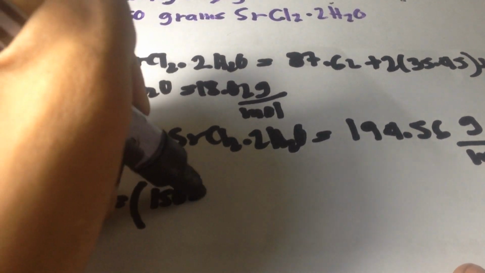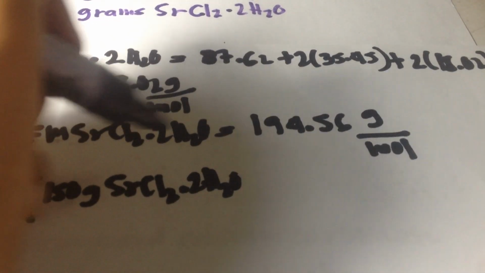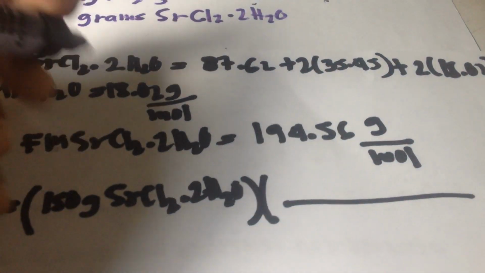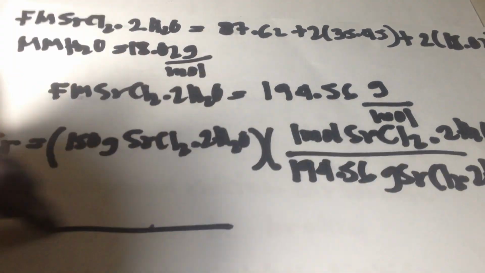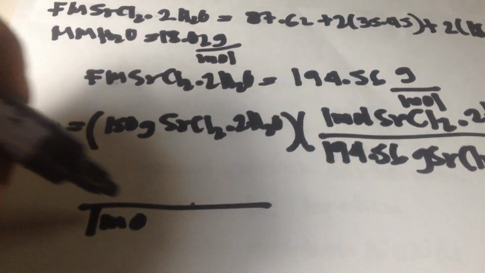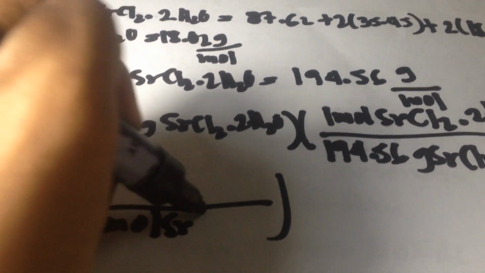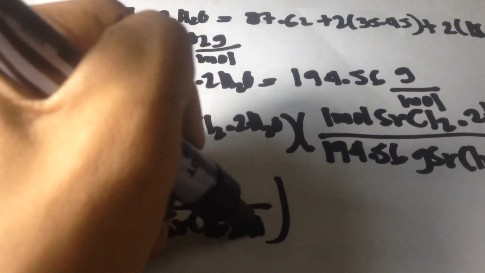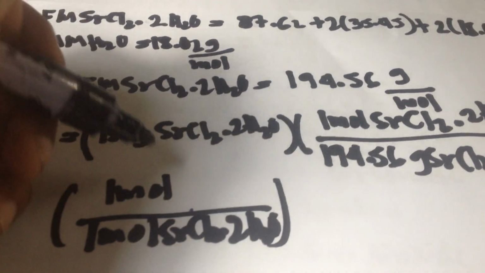So 150 grams of strontium chloride dihydrate times 1 mole of strontium chloride dihydrate over the formula mass, 194.56 grams, times 1 mole of strontium over 1 mole of strontium chloride dihydrate, times the molar mass of strontium.